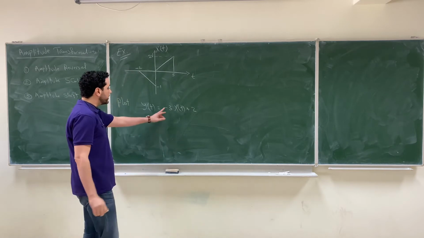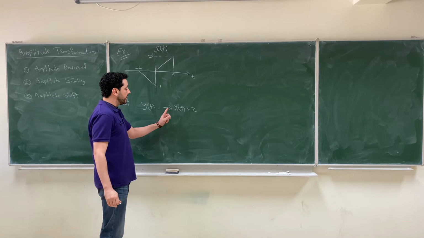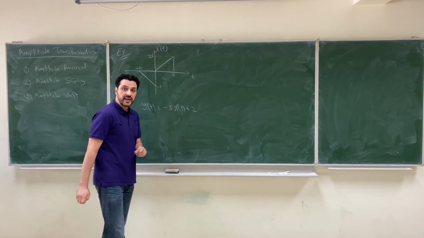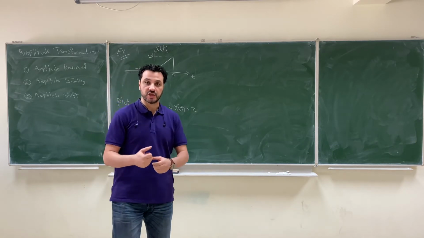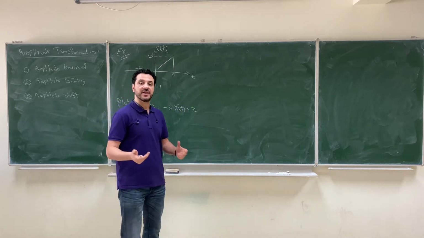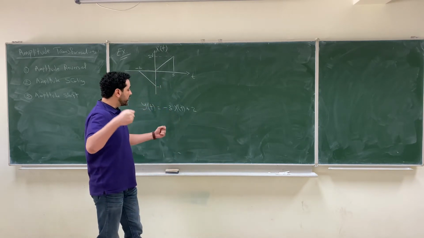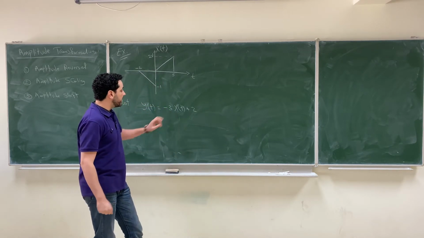So when you multiply the function by a factor 3, this means you are scaling your signal, similar to amplification. When you use an amplifier in the electronics lab, you are amplifying your signal by factor 3.